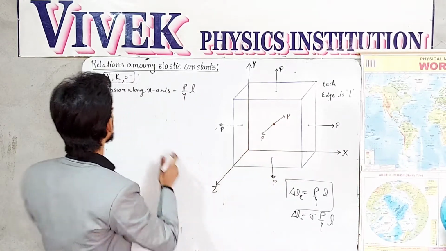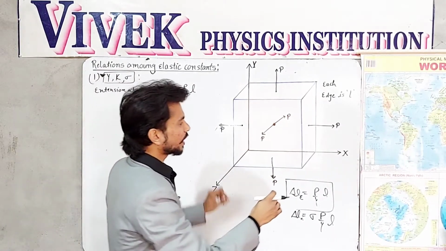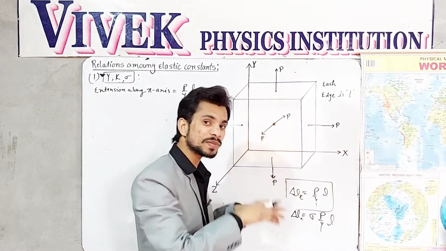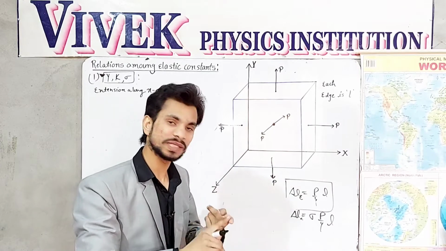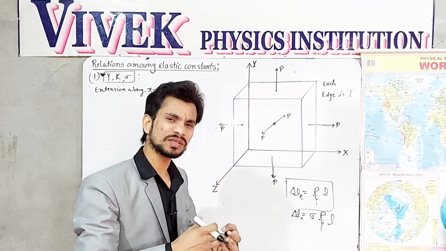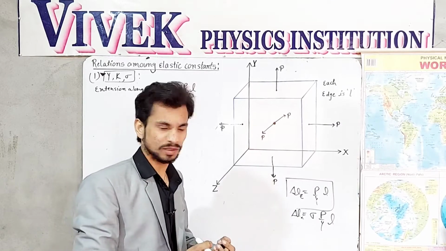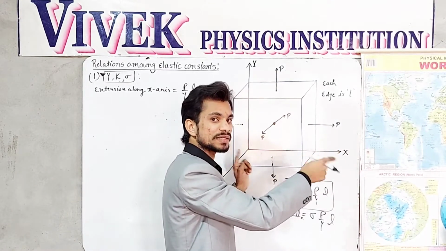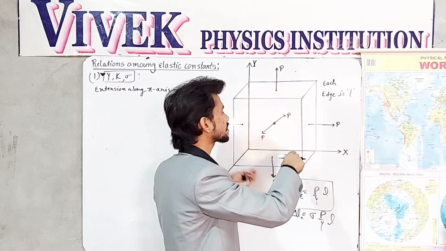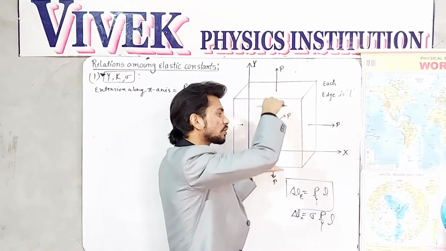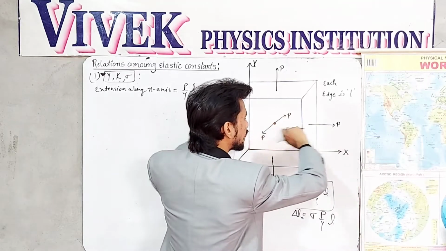Now I am taking the consideration of the normal stress along the x-axis. If you see the microscopic phenomenon, when you apply the normal stress along the x-axis, then simultaneously the edges along the y-axis will contract, because you are extending in this way.